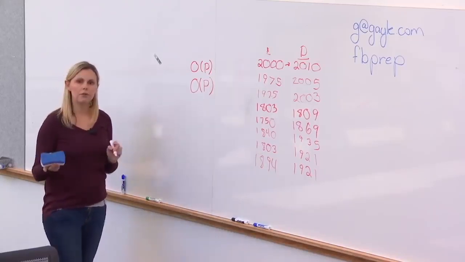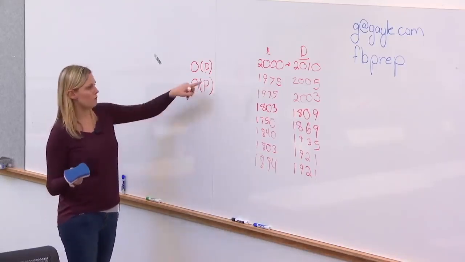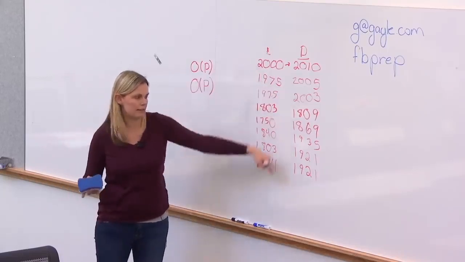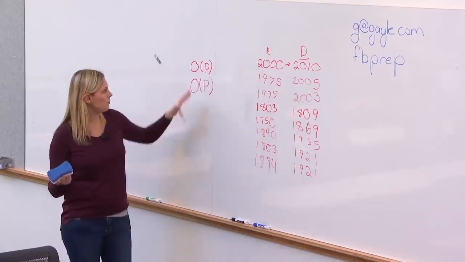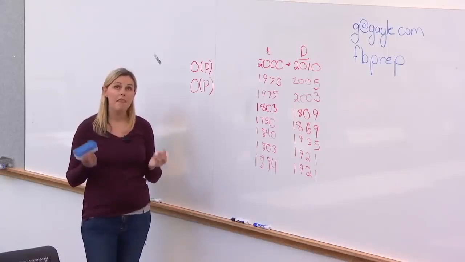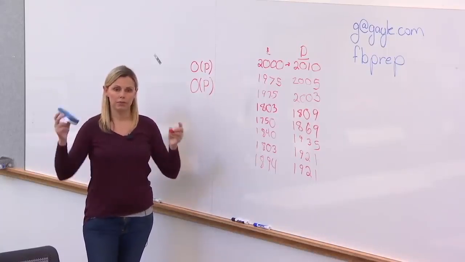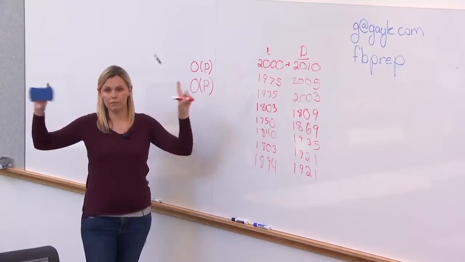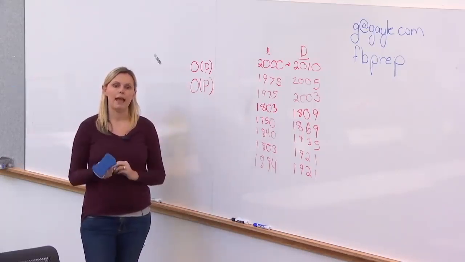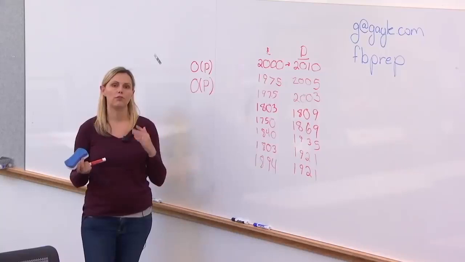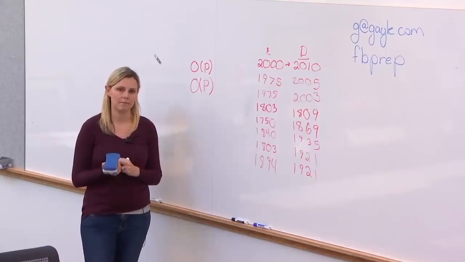It's O of P because it's basically find the min of this, find the max of that. P is the number of people. Then we have to walk through that range from the min birth year to max death year and look through all of the people to see if they were alive at that time.